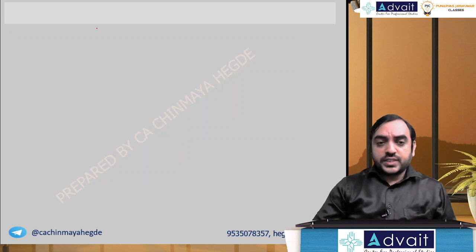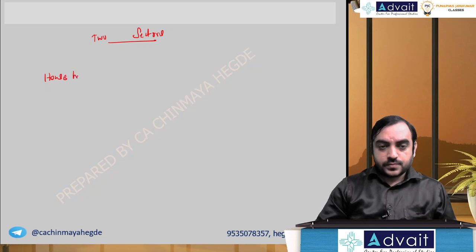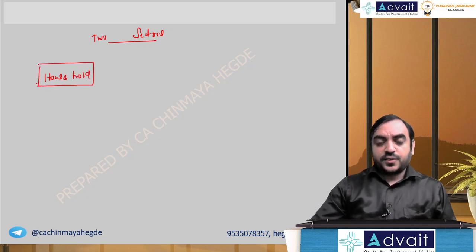Okay, so two-sector model, there are two sectors. One sector, let's say household. The other sector, firm, or you can say business.